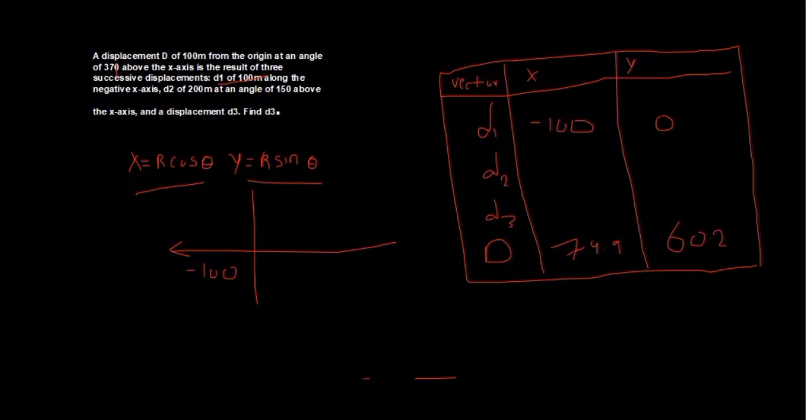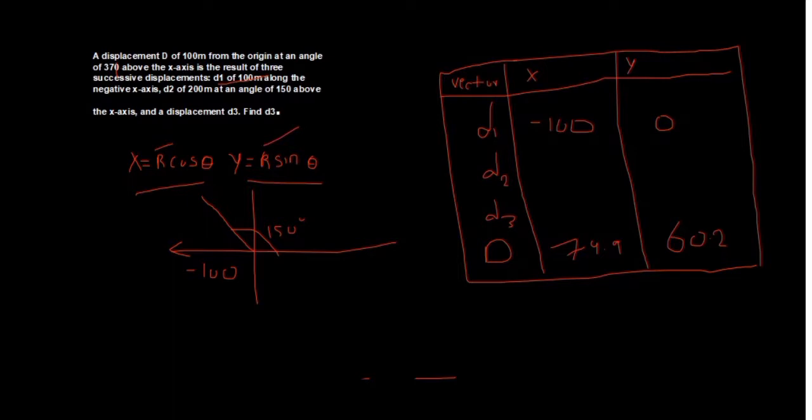d2 is 200 meters at an angle of 150 degrees. So this is in the second quadrant, making an angle of 150 degrees. Again, we use our formulas: this one for the x component, that one for the y component.